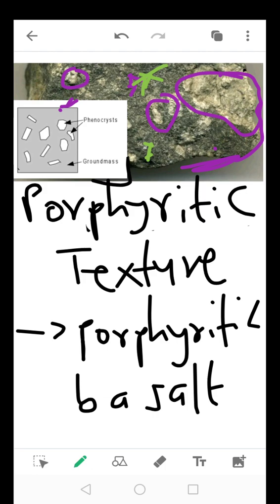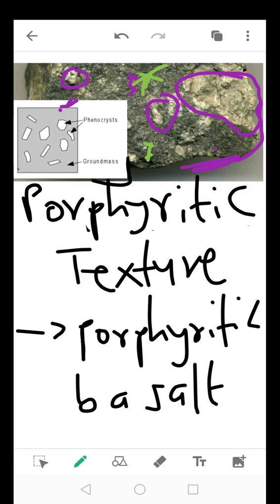So with this texture, you can see that it has two or more distinct sizes of grains. The sizes of grains are not the same, they are distinct, they are different. Even single stage cooling can also produce this porphyritic texture.